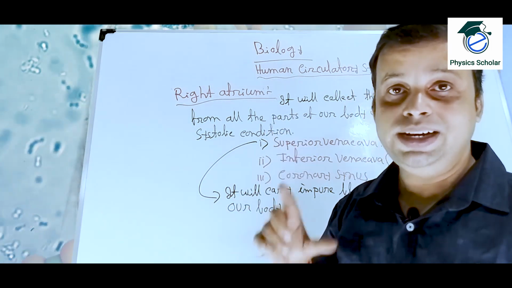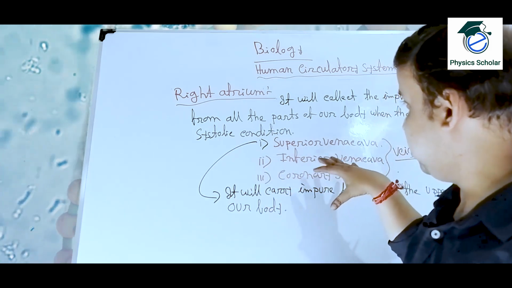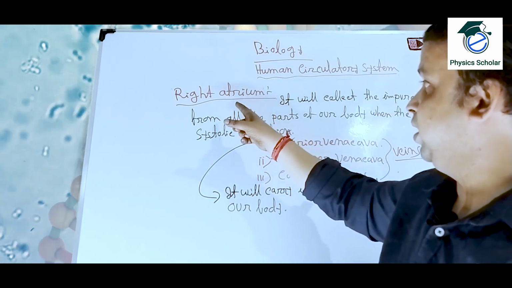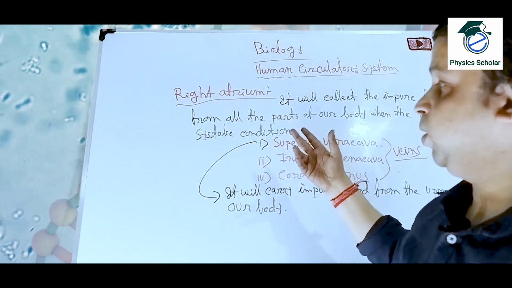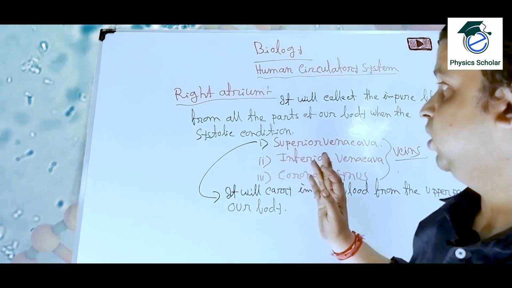That means the blood pressure inside the right atrium is very low. At that time the impure blood from the upper part of our body through the superior vena cava will enter the right atrium.